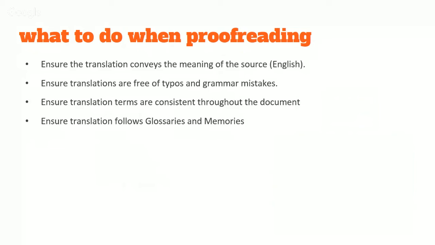But at the same time, it takes us to our next topic: what not to do. I see a lot of editors or proofreaders almost retranslating the translation, and that is a big waste of time when you're focusing on preferential issues.